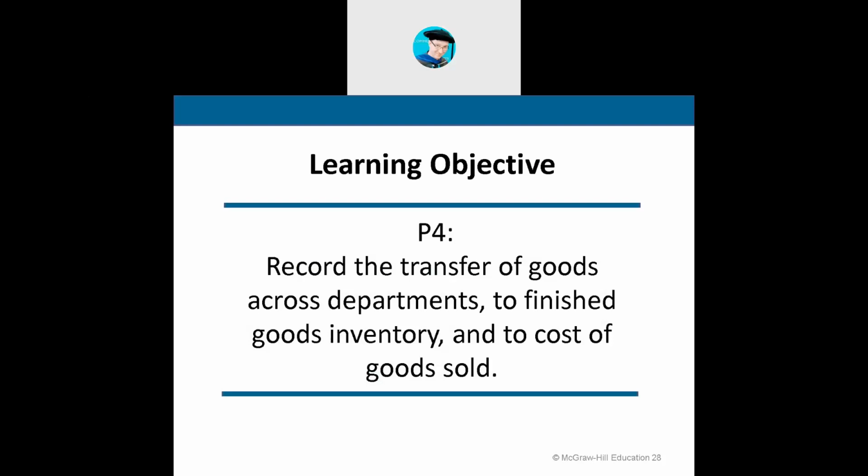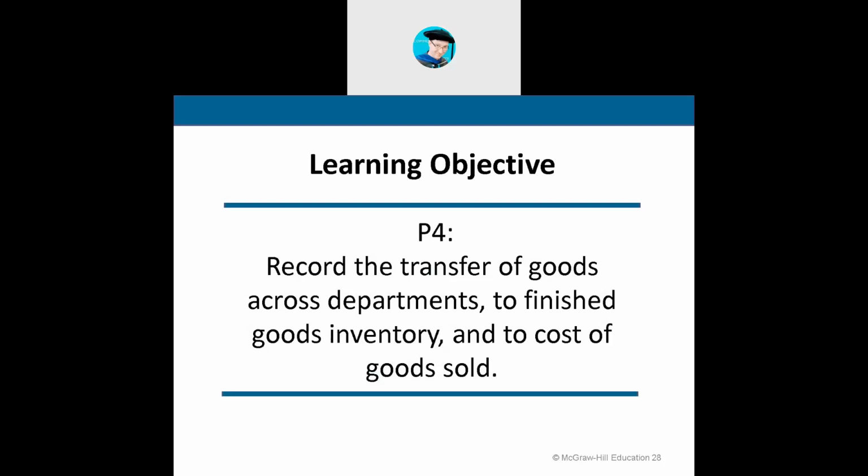As it's being transferred, I'm also transferring the direct materials, direct labor, and factory overhead that I incurred in the core department. So I'm transferring the physical unit along with the additional direct materials, direct labor, and factory overhead that were incurred with the ball in that department. That gets transferred to the felt department.